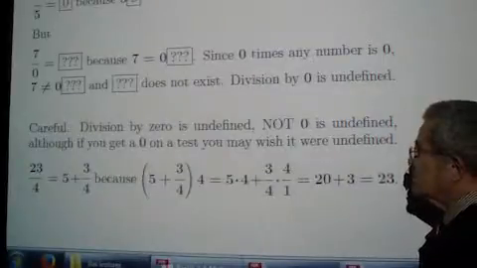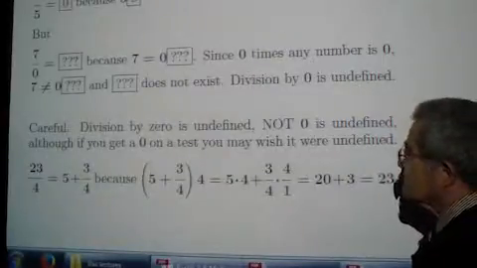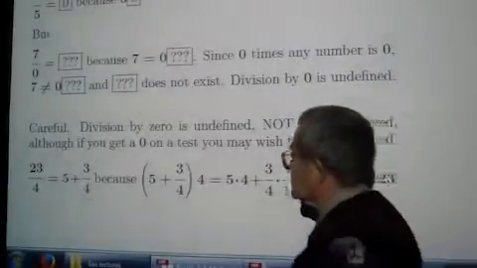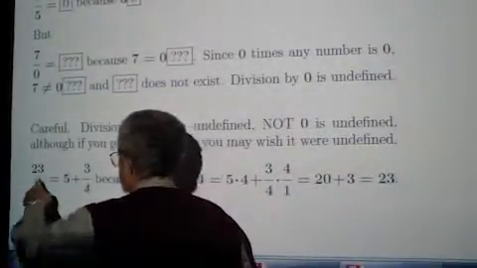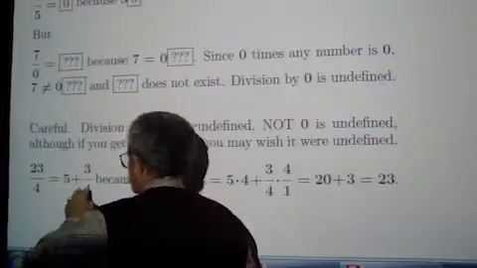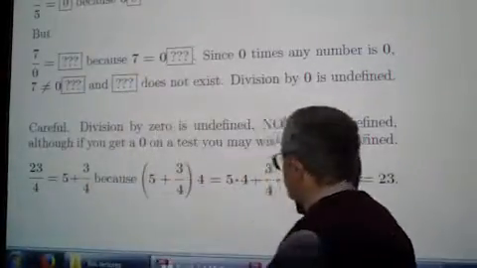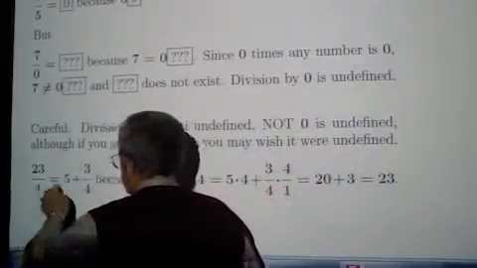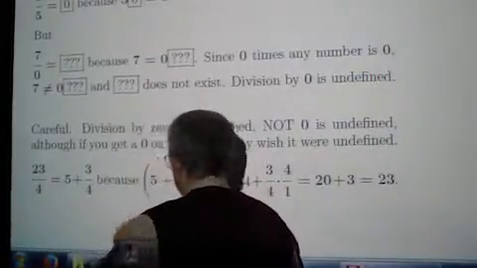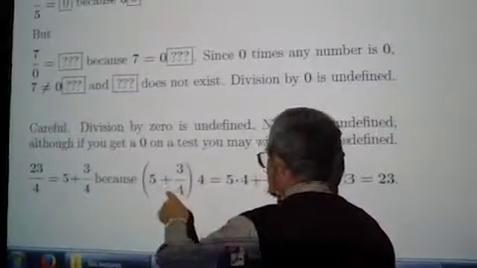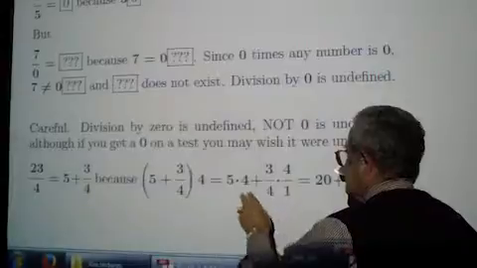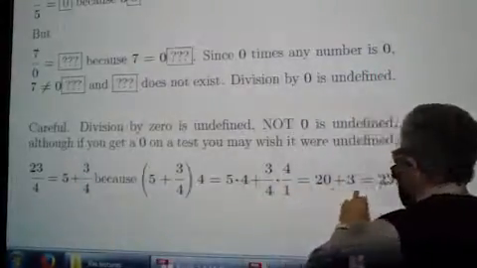Again, I'm showing you how to convert this improper fraction into a mixed number. We had done that before. I want to show you that if you multiply the denominator by the quotient, you get 20 plus 3 or 23.